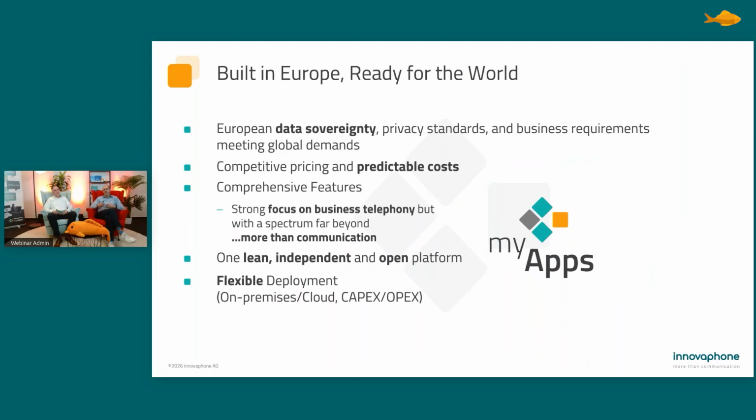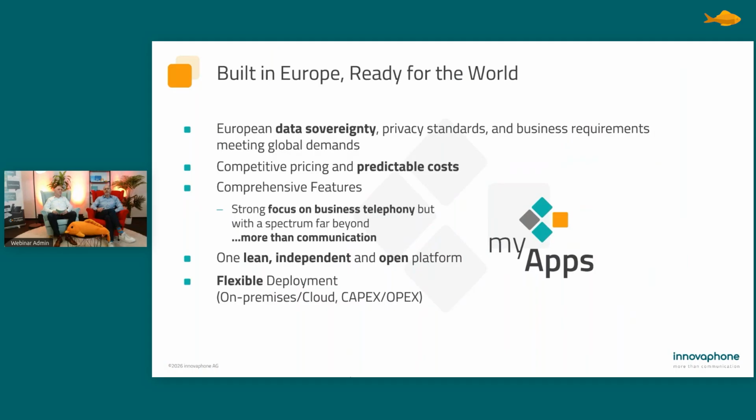We are facing a lot of discussions with our partners and customers about backdoors, kill switches, and regulations like the Cloud Act. And in this situation, as Toby already pointed out, innovaphone is really standing out of the number of vendors, as we are developing all our products in Europe.